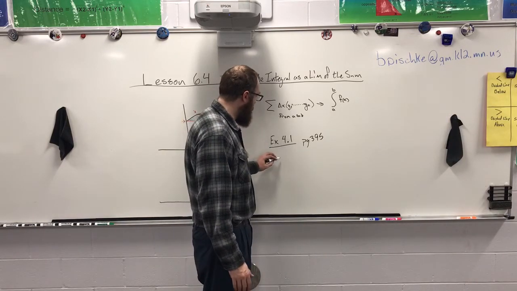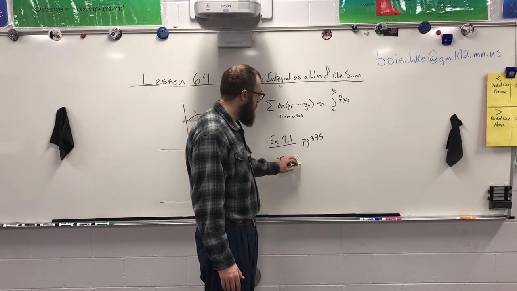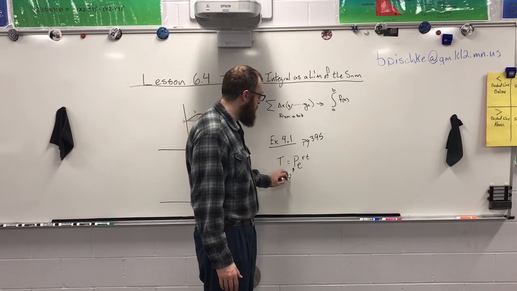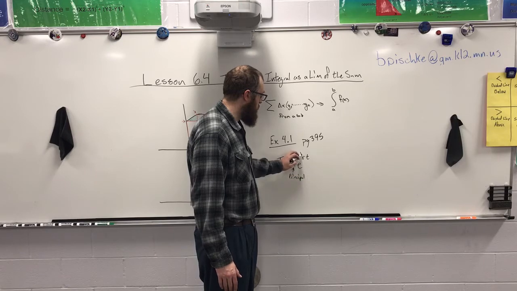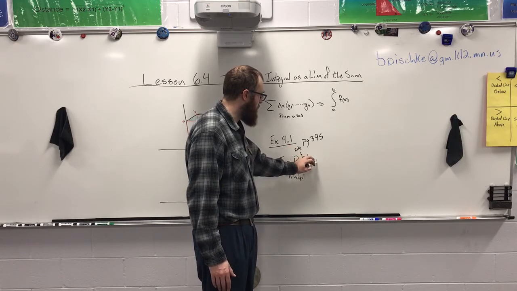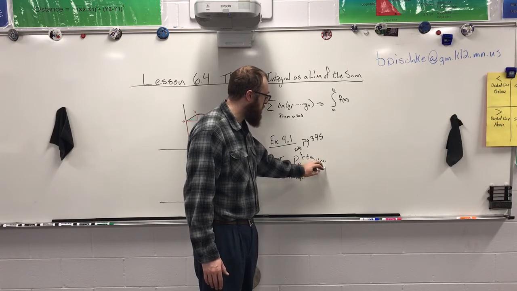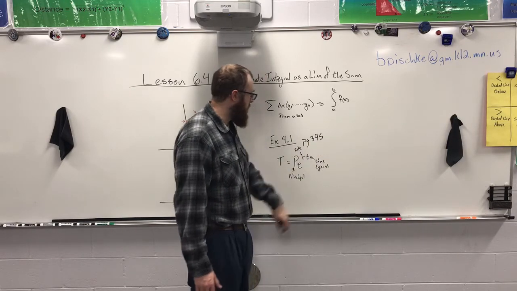So just a reminder of what that looks like. A equals P e to the rt, where P is our principal, r is our rate, and t is time, almost always in years.